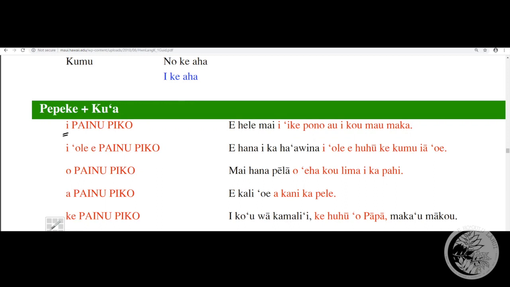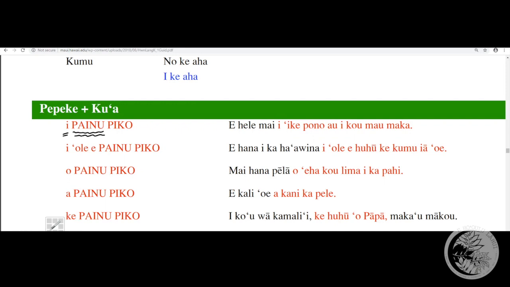Say it again, so I understand. In order that, as a means to, as a way to. Yeah. So, and just like a pepeke painu, you notice it's followed by a painu. So this is key. It's always followed by a painu.